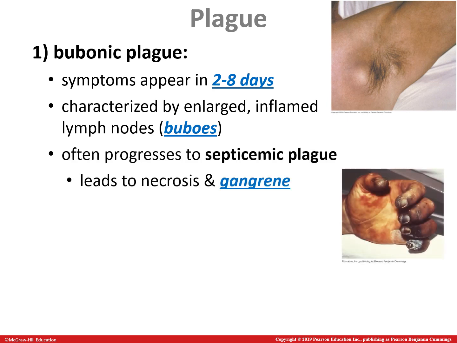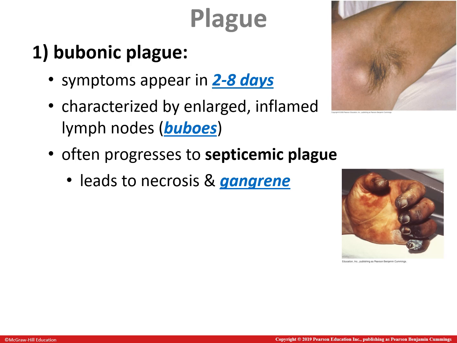Because if lymph nodes are inflamed, they'll block the transfer of fluids back to the cardiovascular system. And because of the connection between lymphatics and blood vessels, that bacteria can get into the systemic blood vascular system, and everything downstream from that blocked lymph node then loses blood flow, and those tissues can become necrotic and gangrenous.